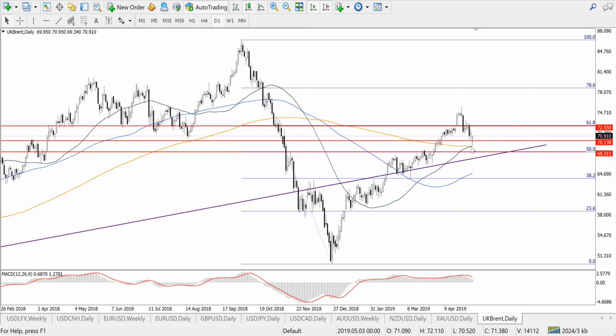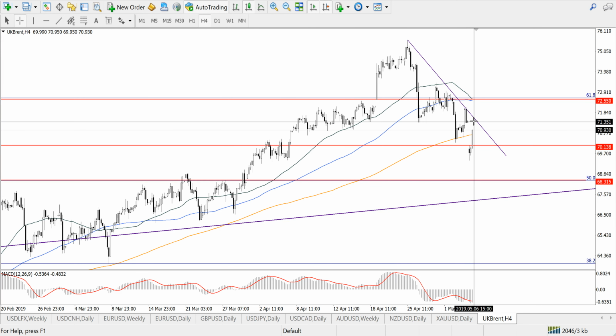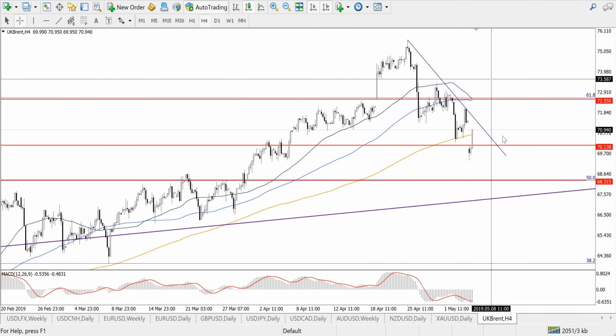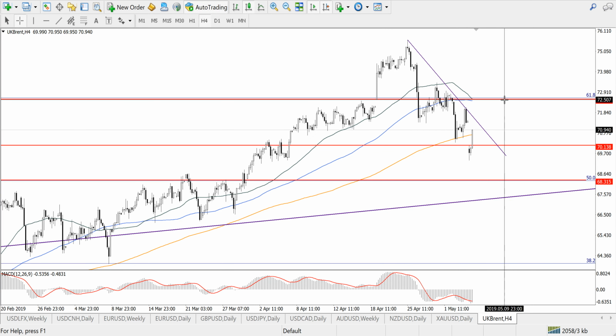However, we can see that there is support in the area of the 200-day moving average at 69.20. And if we manage to recoil above this level, we will then watch for the short-term resistance line, and a return above 71.60 will help the prices to restore the uptrend movement.